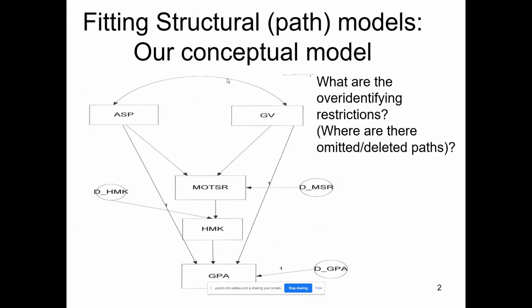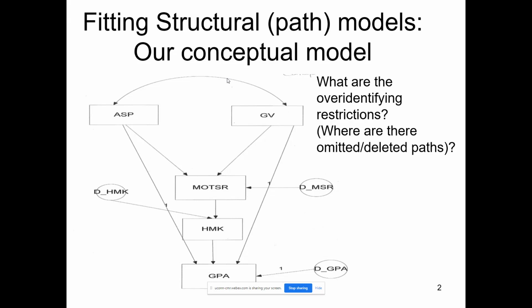And what we're really talking about here are places where we're not putting a direct path, which translates into saying that after controlling for those other variables that are directly influencing GPA, let's stay with GPA for a second.